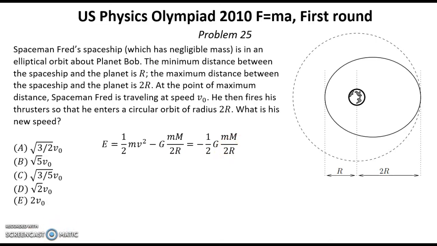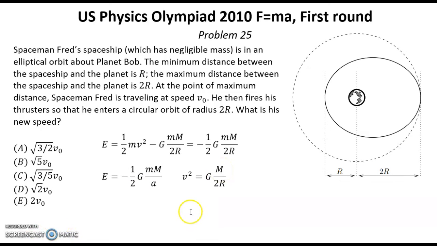Let's rewrite it: total energy for an elliptical orbit equals negative 1/2 GMm over a, where a is the size of the semi-major axis of the ellipse. That could be proved by calculations, but we can use this as given knowledge.